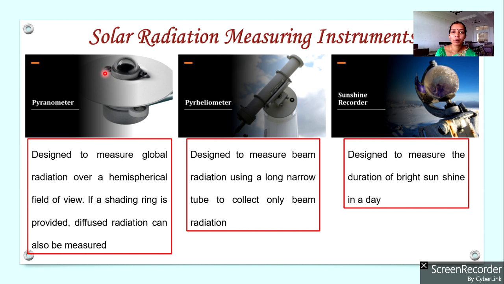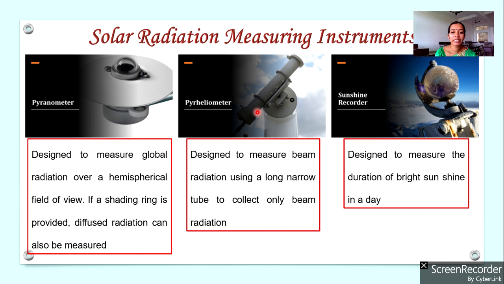If we provide a shading ring to this pyranometer in such a way that it prevents the direct radiation, then we can measure the diffused component of radiation also. So that means a pyranometer can be used either for measuring the global radiation or for measuring the diffused component of radiation. So next one is the pyrheliometer.